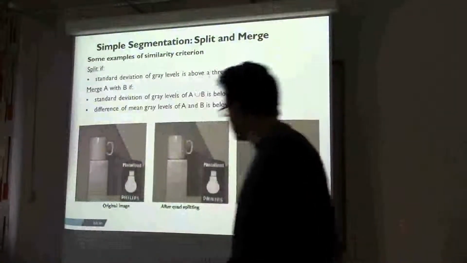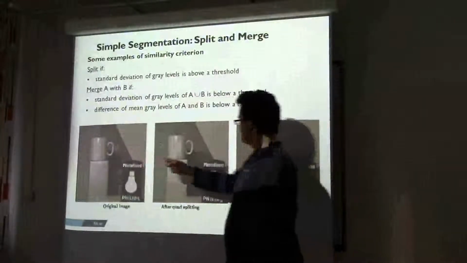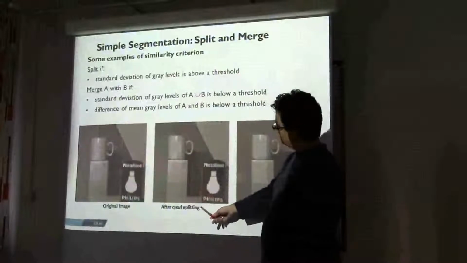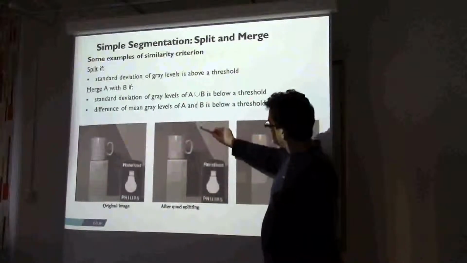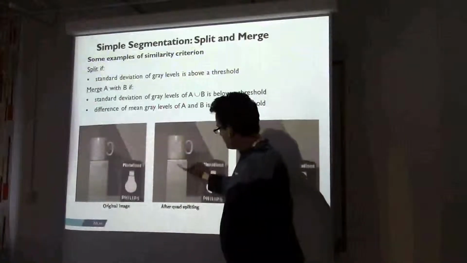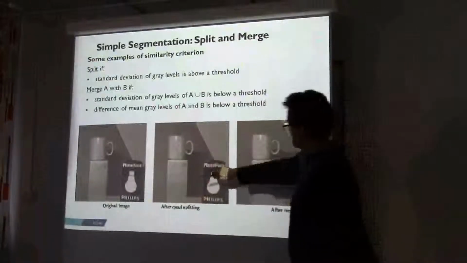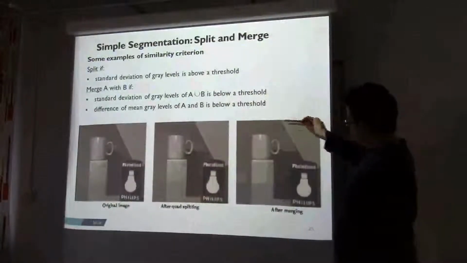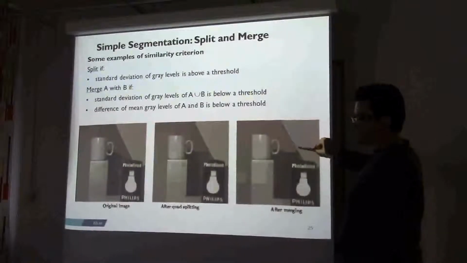This is one example of segmentation. This image, after splitting here, you see that you get a lot of squares around. Here, here, you get the squares that are not split anymore. And then you apply merging here, and you see that you get all these boundaries better segmented.